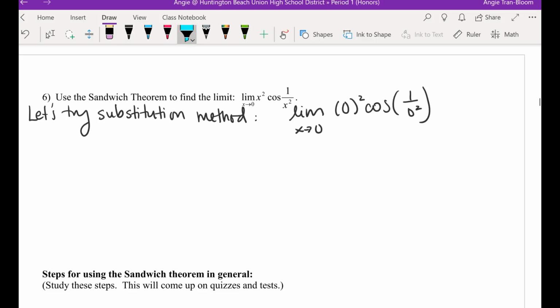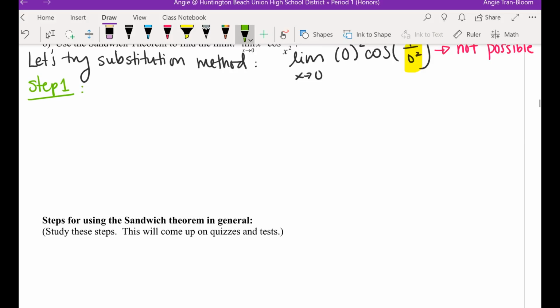Oh, Houston, we have a problem. Can I have 0 in the denominator? Okay. This is not possible. So here are the steps in using the sandwich theorem. I'm going to work it out and then I'll spell it out down here. Okay, step 1.